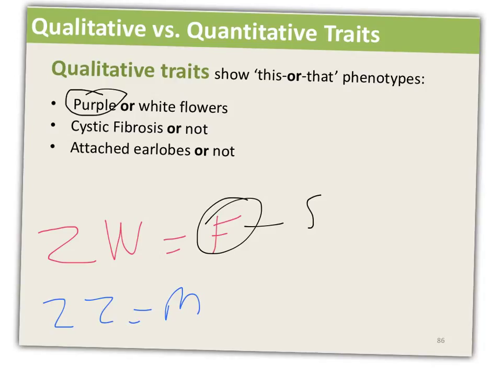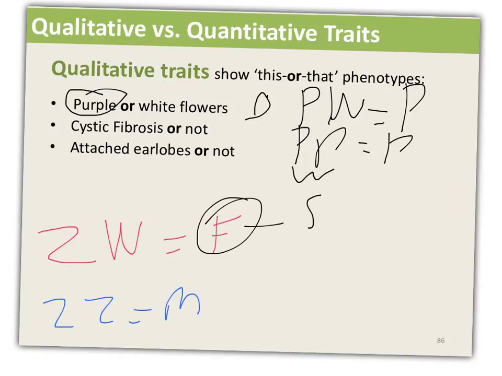It has this or that phenotype. This is often, usually because of dominance. So we have a P and a white, and you get P for phenotype. You have a P and a P, get P, or white flowers. You have a WW, and you have W.